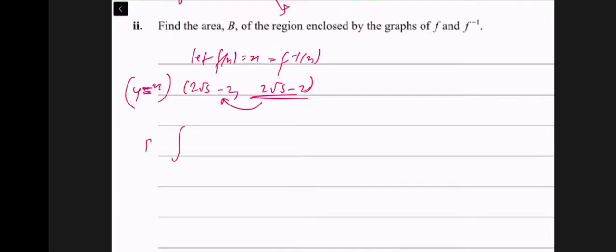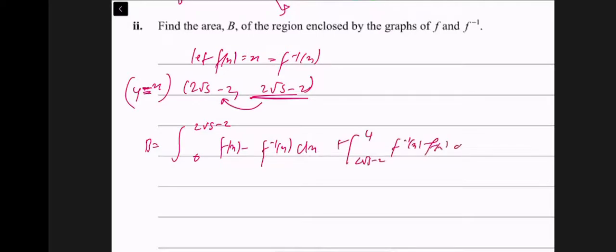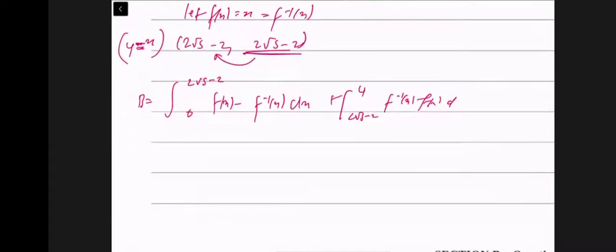So to do B, you do 2 root 5 minus 2 to 0, f(x) minus f inverse x, dx, and then 4 to 2 root 5 minus 2, f inverse x minus f(x) dx. And that comes out to 80 root 5 minus 176 on 3 units squared.